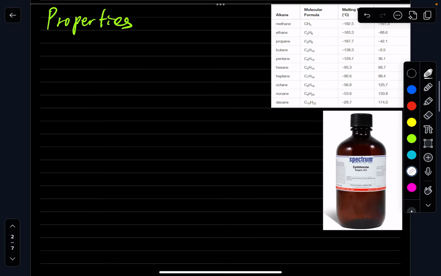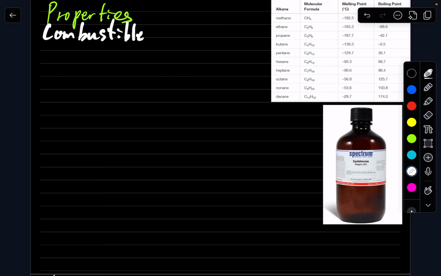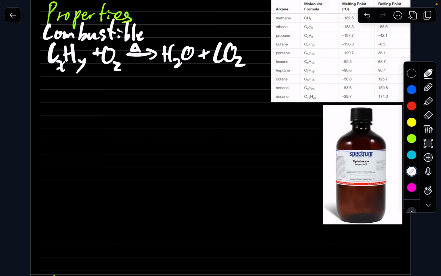Now, going into the properties, the chemical properties of this functional group, they are usually highly combustible, meaning that they catch fire easily because they are hydrocarbons, and the formula for combustion is: a hydrocarbon plus oxygen will give you water and carbon dioxide.